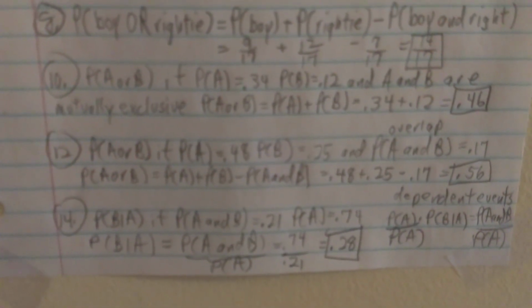Now for 14, what's the probability of B given A? We haven't done one like this before. The probability of A and B equals 0.21 and the probability of A equals 0.7.